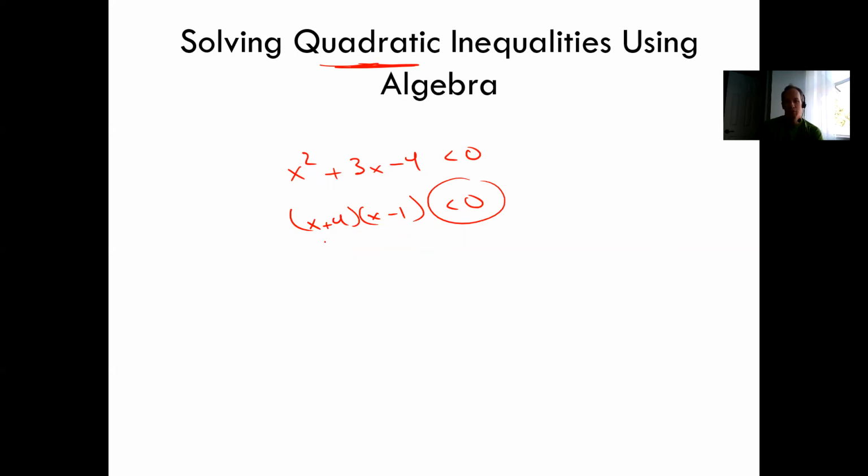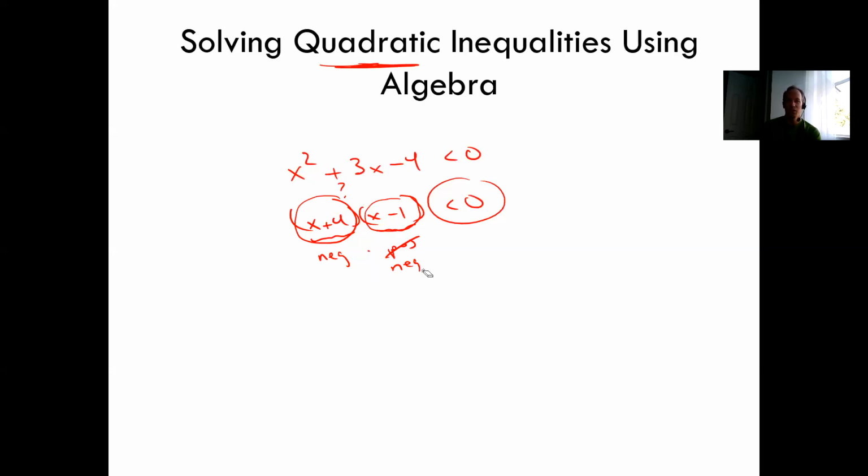You have a lot of options, because if this is negative and this is positive, then when you multiply negative by positive, you're going to have a negative. Negatives are less than 0, that's great. But what values of x can make this negative? And those values of x have to also make this positive, because if you found some value of x that made them both negative, you'd have a positive and it would not work out.